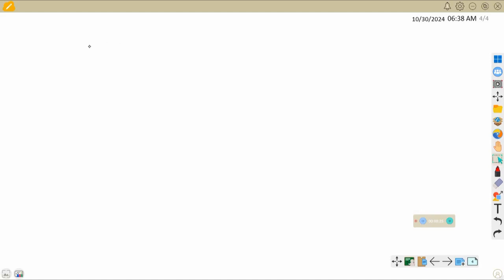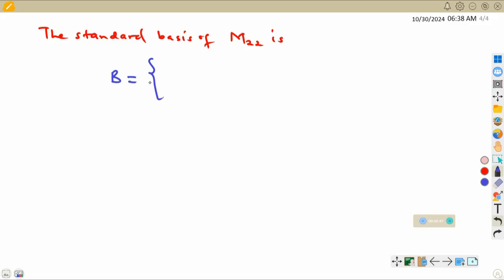So looking at that, the standard basis of M22, we can call it B. B contains matrices of this nature.